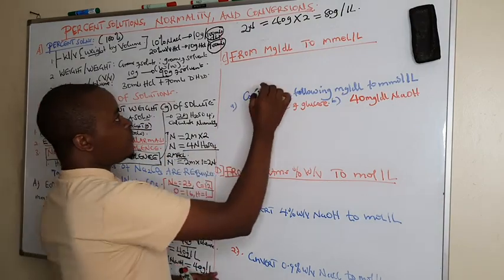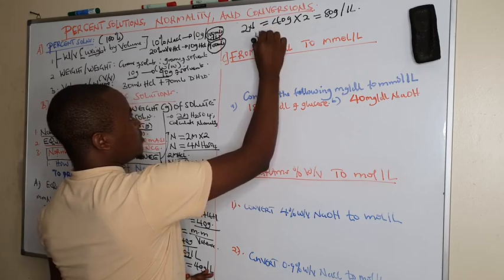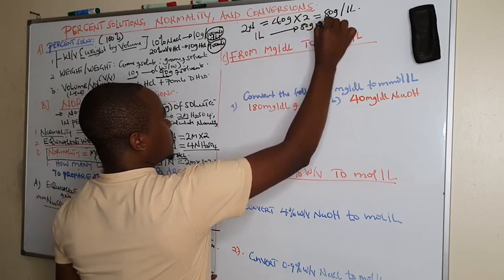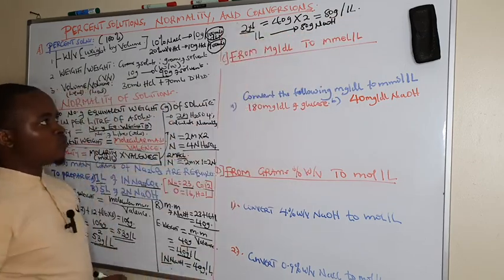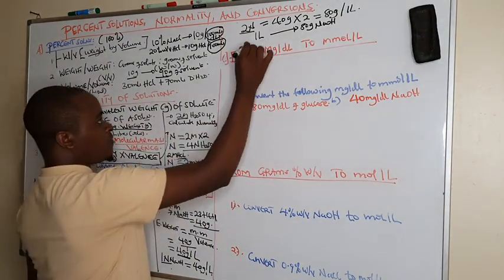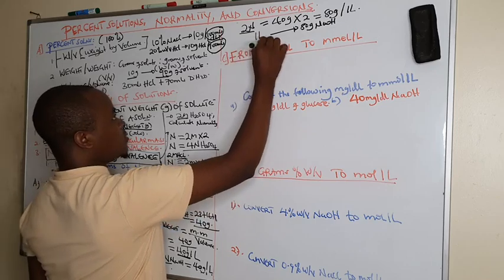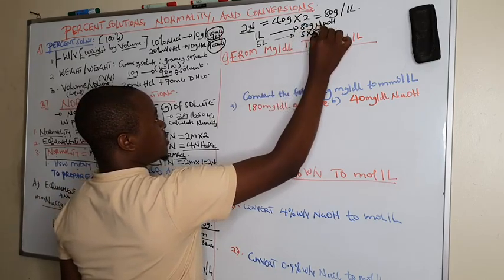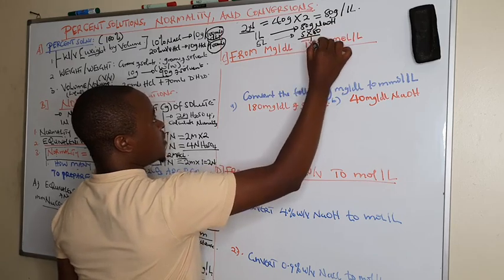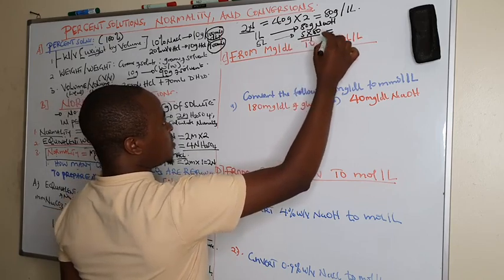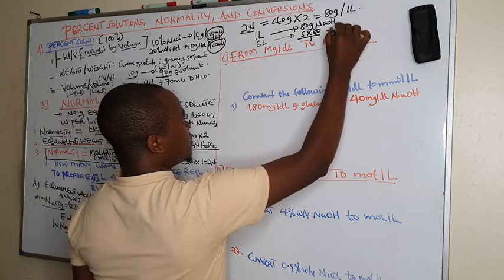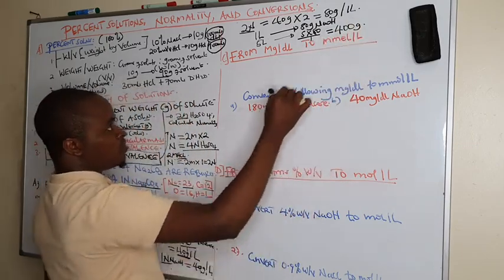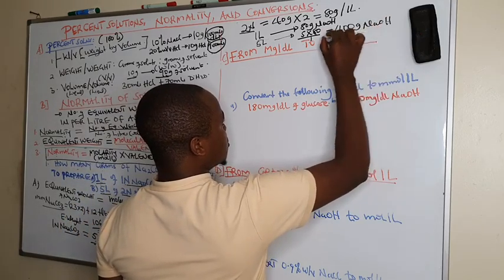So if 1 liter dissolves 80 grams of sodium hydroxide to form 2 normal sodium hydroxide, what about 5 liters? 5 liters will need 5 times 80 divided by 1, and we shall get 5 times 8, that is 40, so a total of 400 grams of sodium hydroxide.